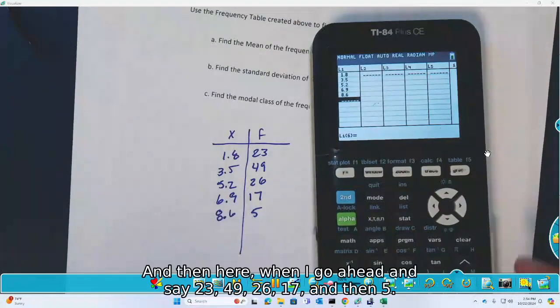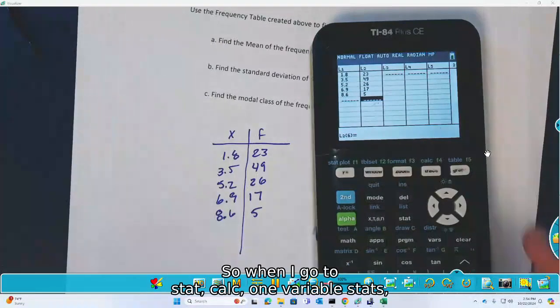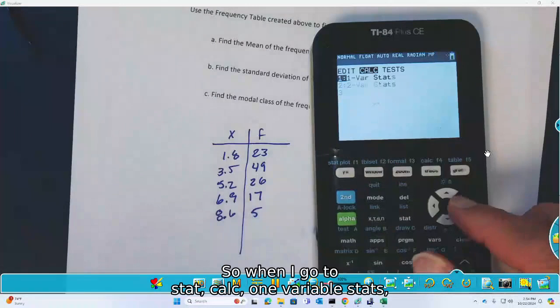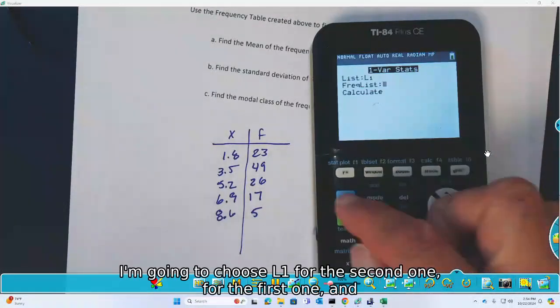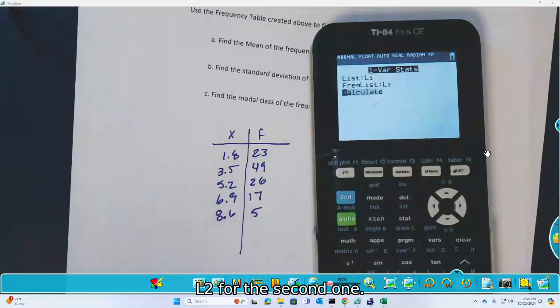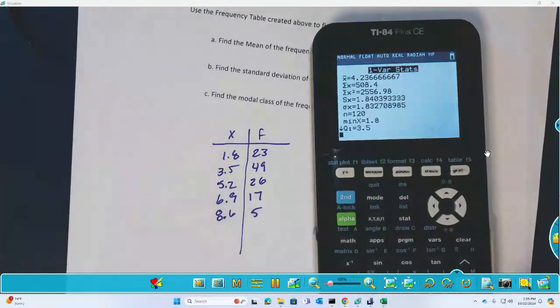And then here we're going to say 23, 49, 26, 17, and then 5. So when I go to Stat, Calc, One Variable Stats, I'm going to choose L1 for the first one and L2 for the second one. I'm going to hit Calculate.